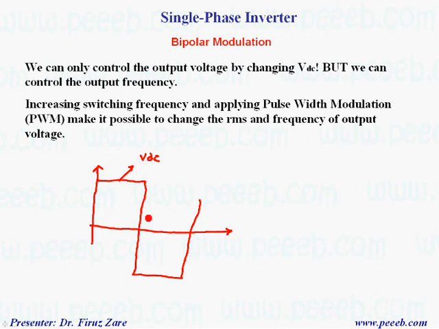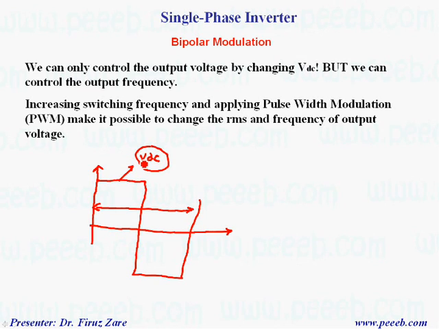By changing the switching time, we can change the output frequency, but the RMS basically depends on the magnitude of the DC link voltage.